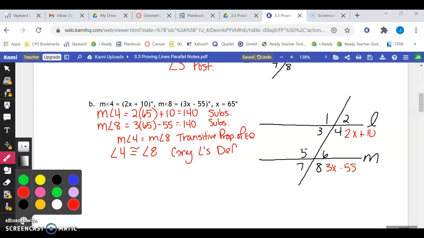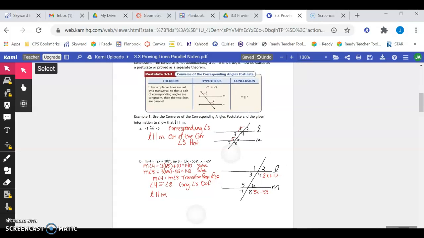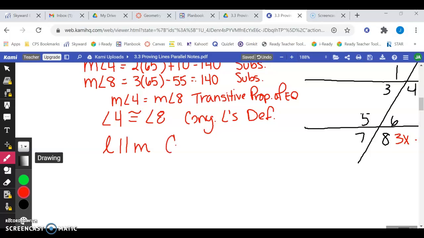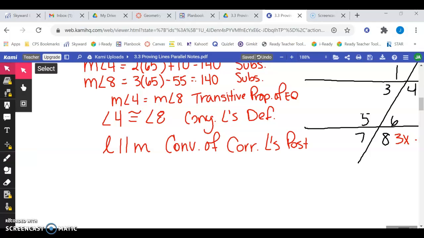If those are congruent or equal, then I can say that line L is parallel to line M, using that postulate from up above, the converse of the corresponding angles postulate. And that's what they wanted us to prove, that those two lines are parallel.